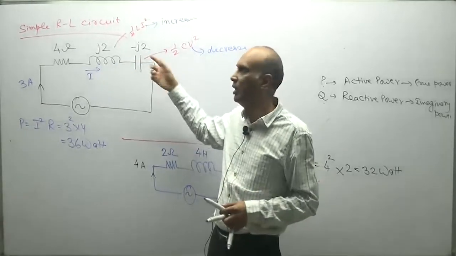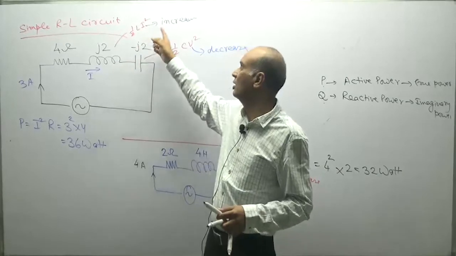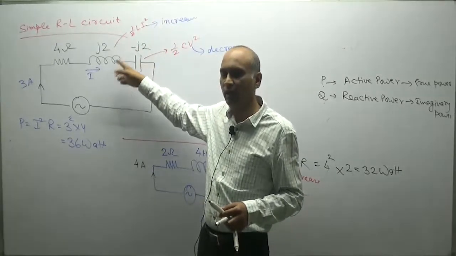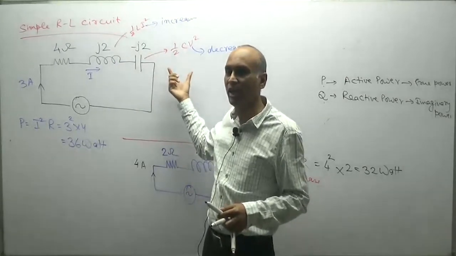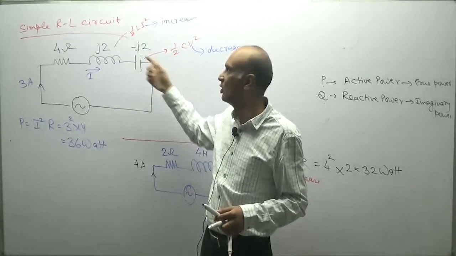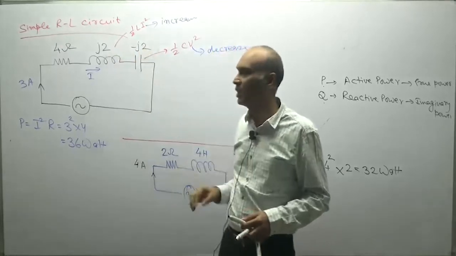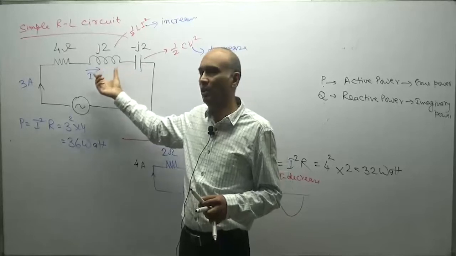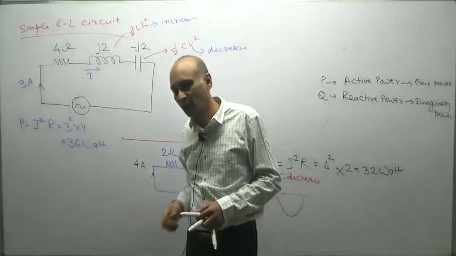Got the point? In one quarter cycle, when the current is increasing, it will store the energy. It will release the same amount of energy because this value is the same. In the next quarter cycle, it will release the energy and store the same energy.